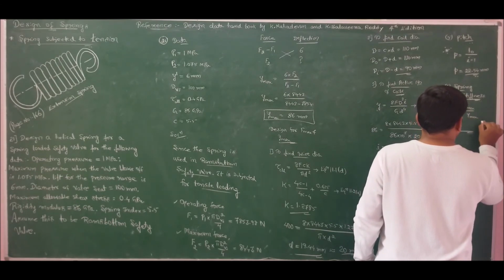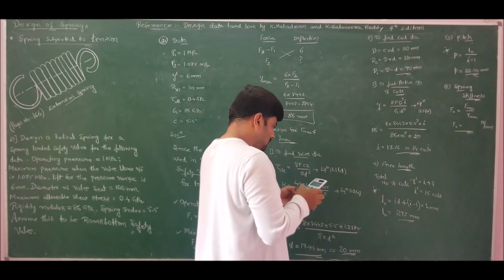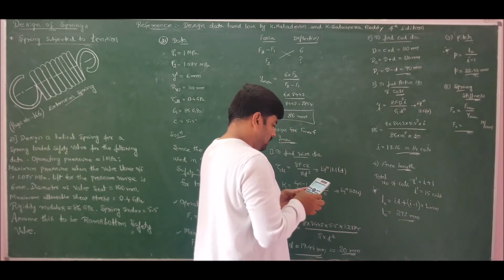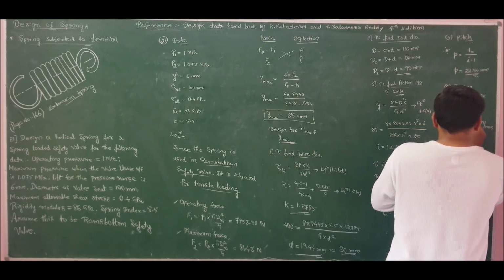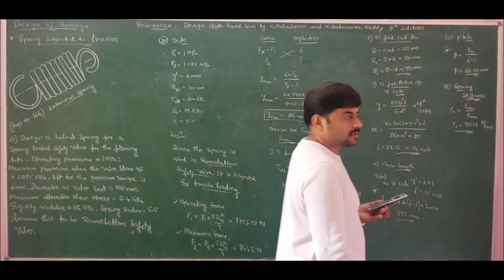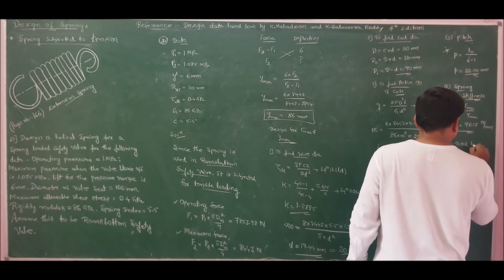So spring stiffness in newtons per millimeter will be F max 8443 divided by maximum deflection 86 mm. So it is turning out to be 98.17 Newton per millimeter.